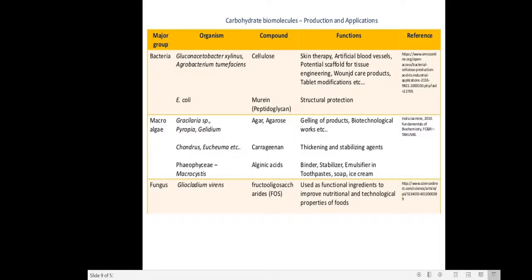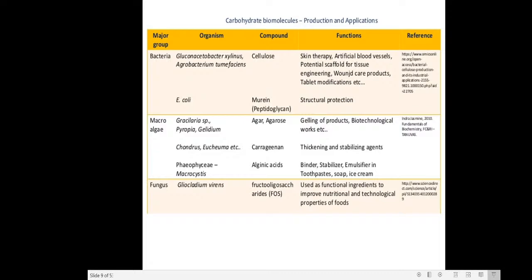Carbohydrate biomolecule means a carbohydrate-based product produced from the microbe that is helpful for various applications. First, the compound is cellulose, and the cellulose is produced by bacteria called Agrobacterium tumefaciens or Acetobacter xylinum.